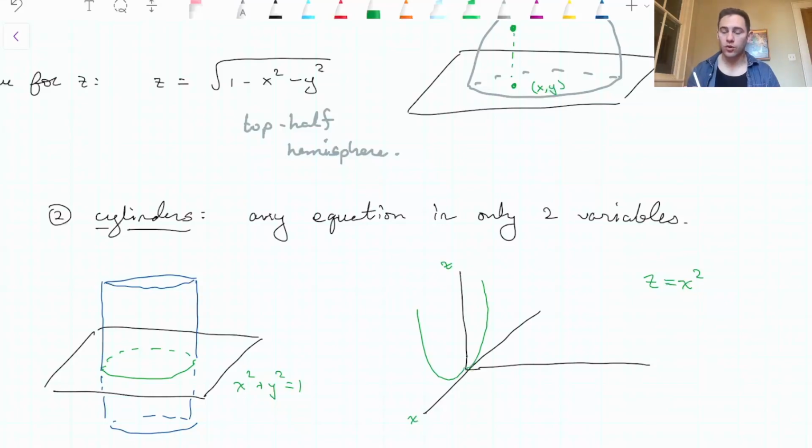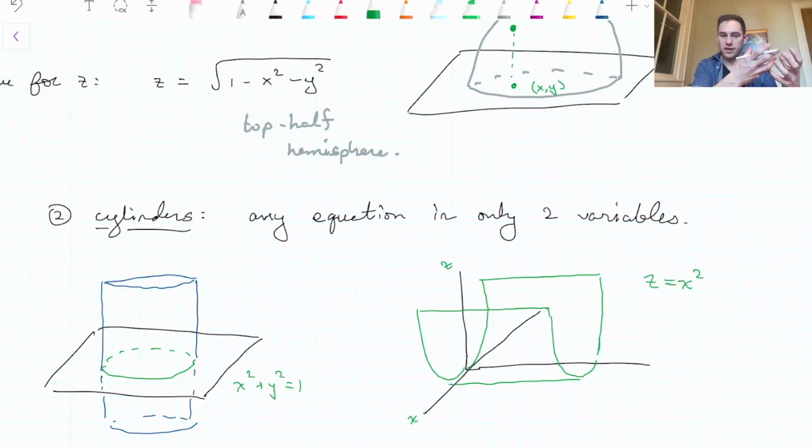And since the y-coordinate has no constraint on it, I simply extrude this shape down the y-axis. And we get sort of a taco shell. This is what we call a parabolic cylinder. It's that parabola just extruded down. So this is a parabolic cylinder.